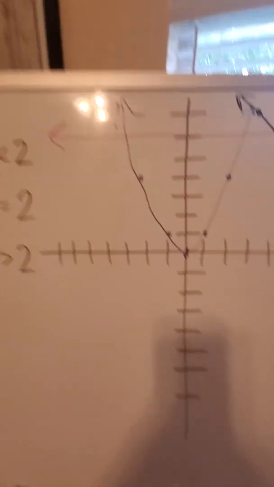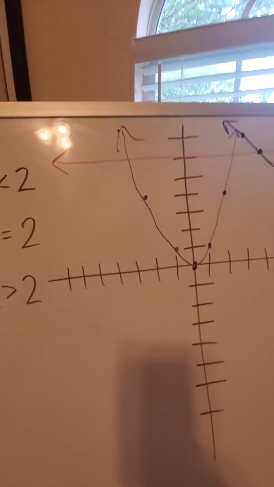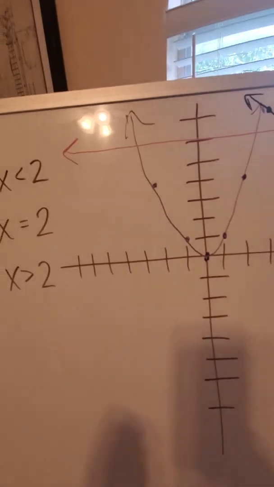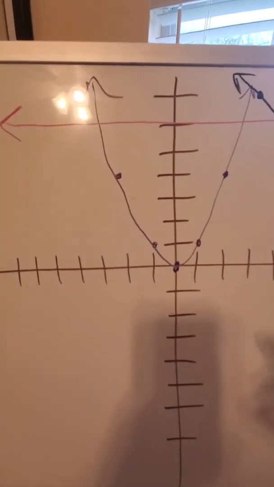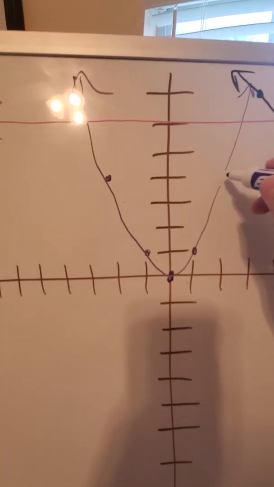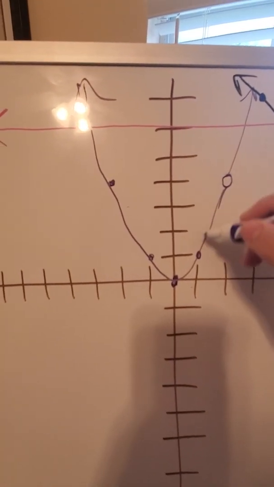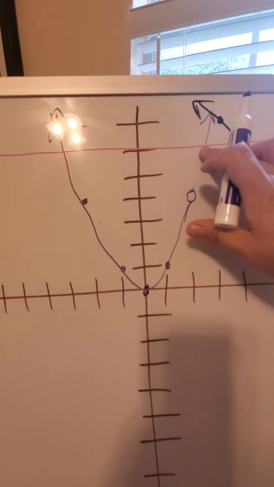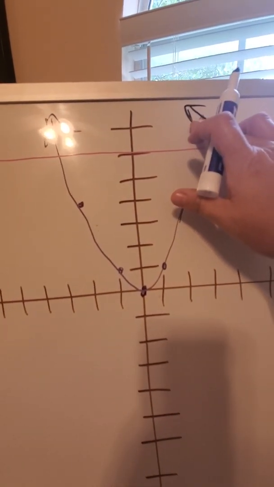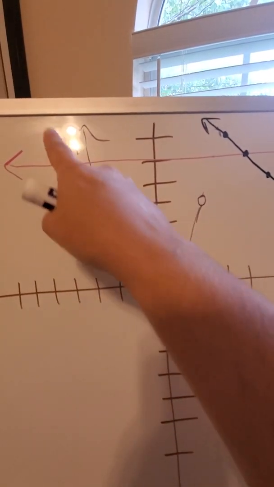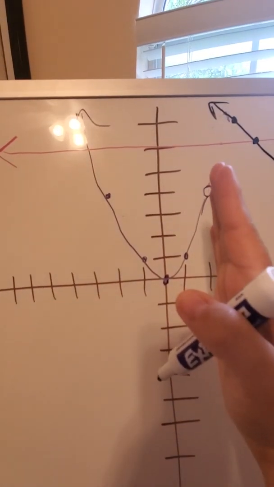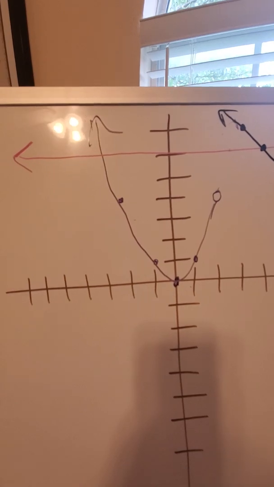Since there's no equal sign, at that 2 spot where we graphed 2, 4, I need to change that to an open circle, and I need to erase everything past 2 because it says less than 2. So they only want to see this part of the graph, everything less than 2.